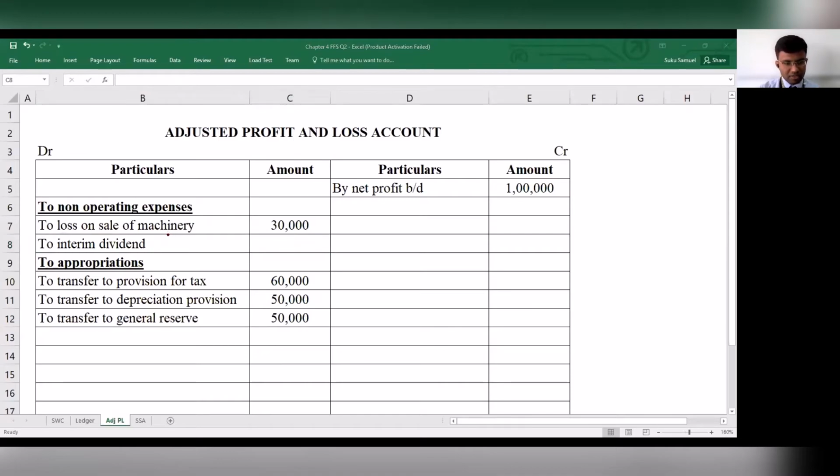Interim dividend is 40,000. Any other items that we have to consider? That's pretty much most of it. Now we have to consider the non-operating incomes.